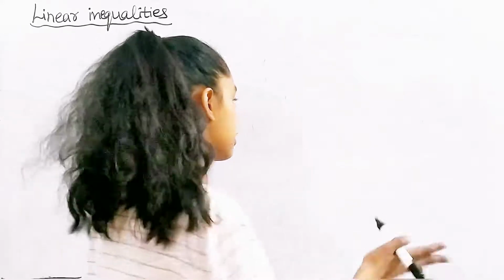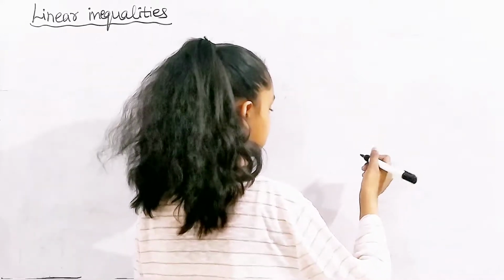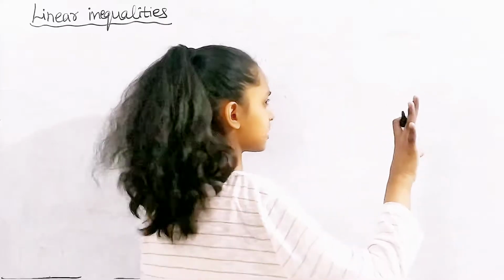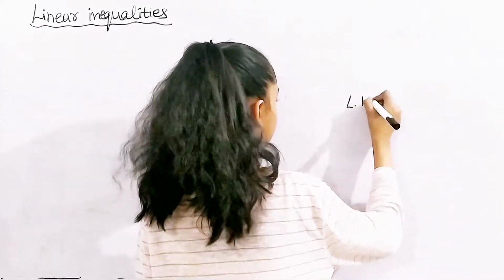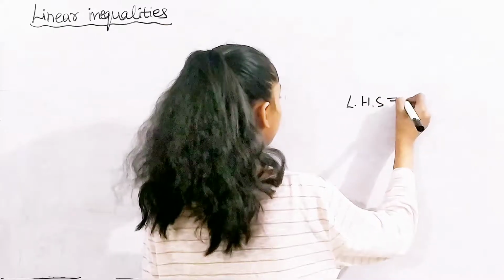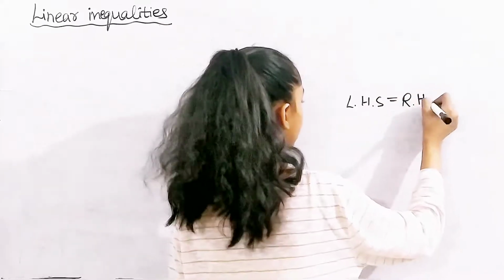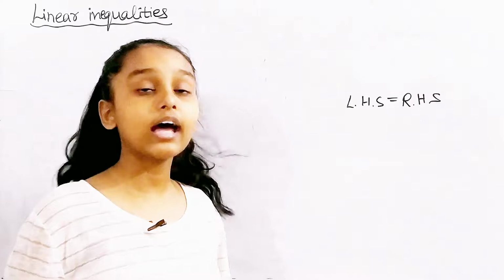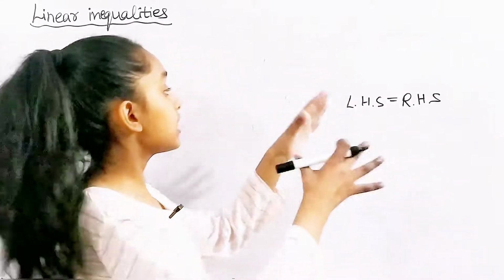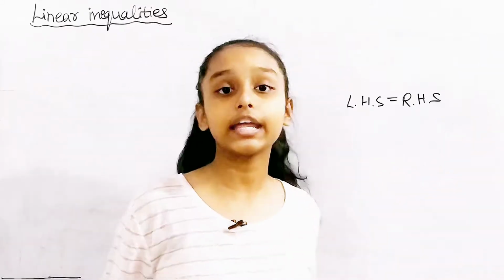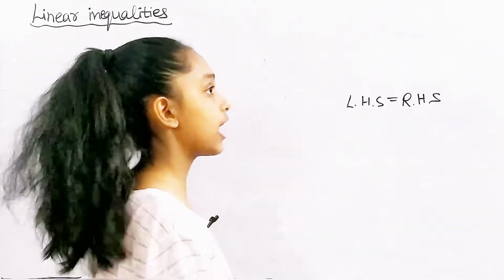Let's say LHS is equal to RHS, got it? So what is it saying? That whatever our left hand side is, it is equal to the right hand side.